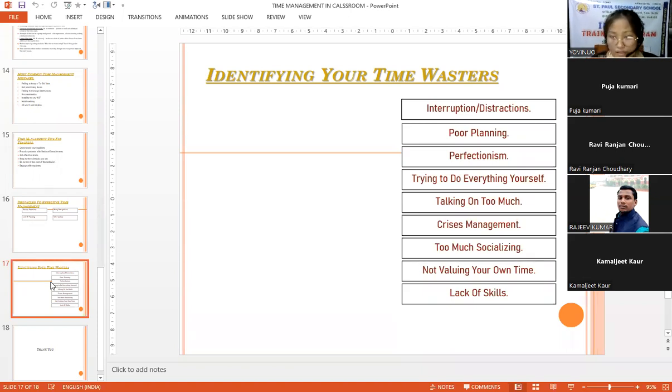Understanding our time wasters: interruptions or distractions, poor planning, not being able to plan well, perfectionism, expecting too much, or expecting your work to be perfect, trying to do everything yourself, taking on too much responsibility on yourself, crisis management, too much socializing, spending too much time on the outside world, not valuing your own time.